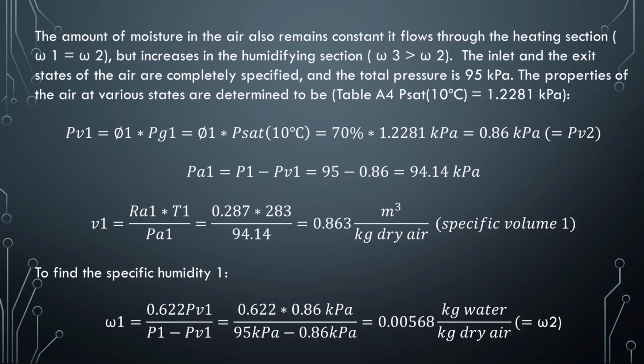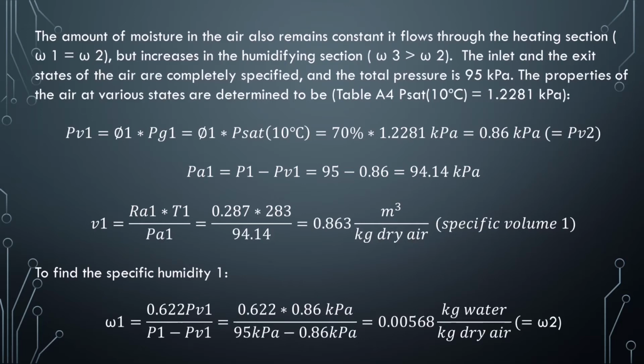Remember first from table A4 that saturated pressure at 10 degrees Celsius is 1.81 kilopascal. For vapor pressure 1, we have, after replacing, remember that vapor pressure 1 equals 0.7 times saturated pressure at 10 degrees Celsius.